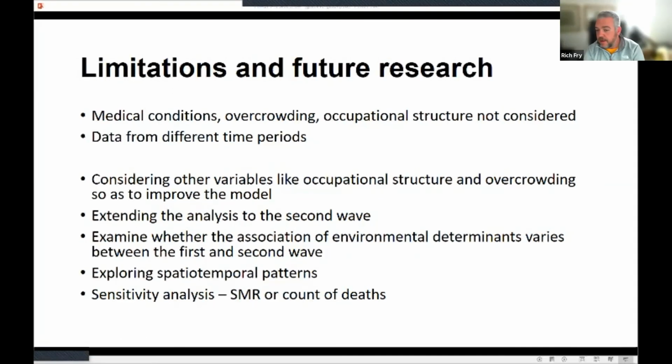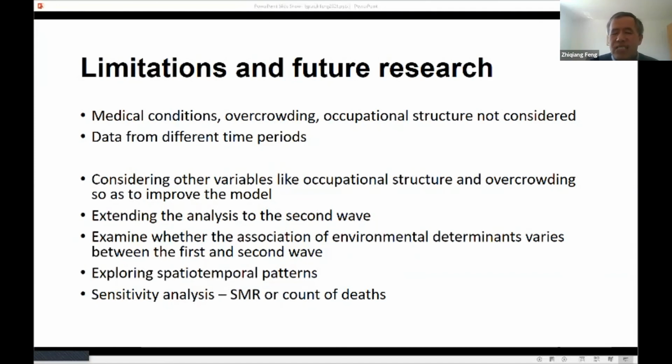Yeah, I just think if you're comparing the first wave and second wave, that might be a factor. That's right, you are right. So I could do separate research for the second wave and then see what the difference is, and see whether there is some potential explanation about the testing.